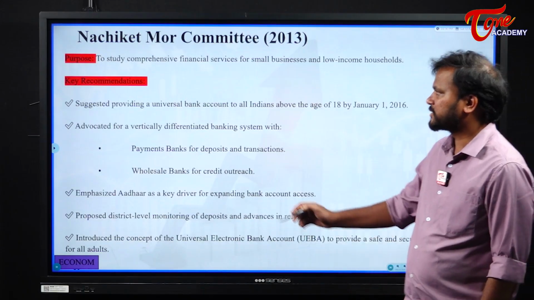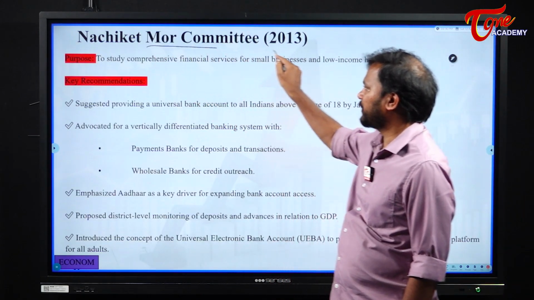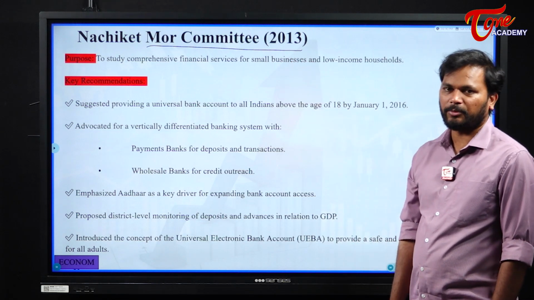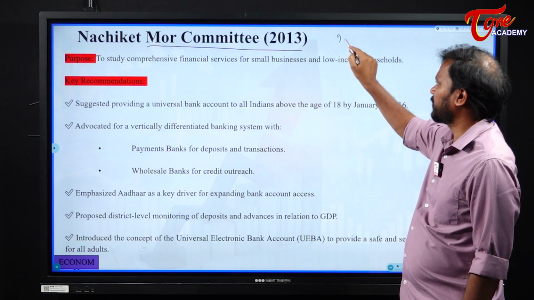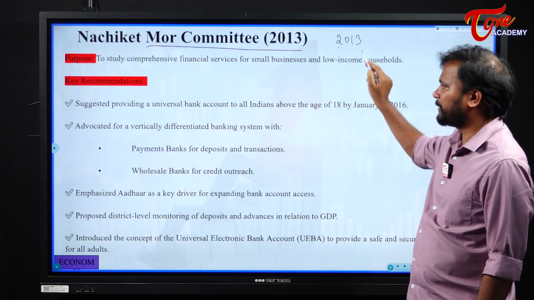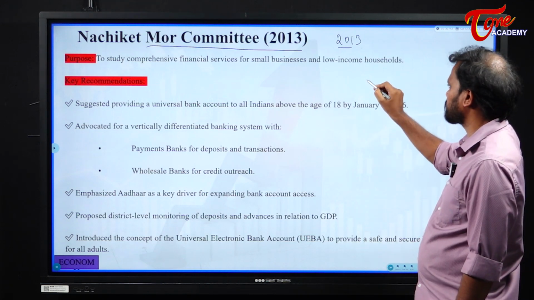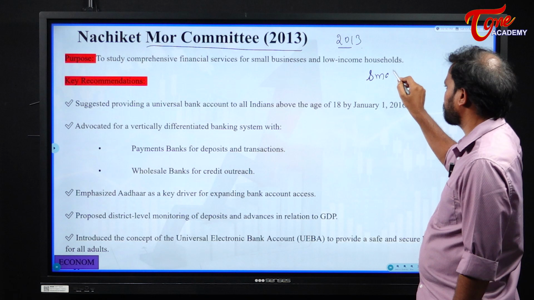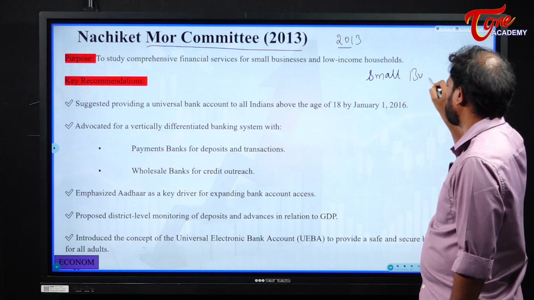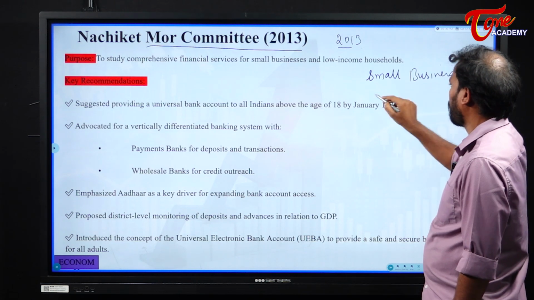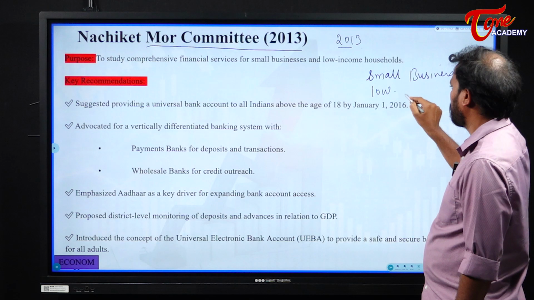Clear? Next, the Nachiket Mor Committee, which was appointed in the year 2013. It focused on providing financial services for small businesses and low income households.